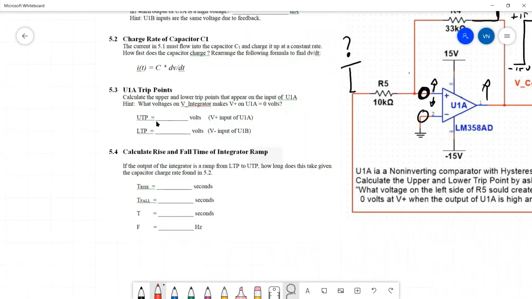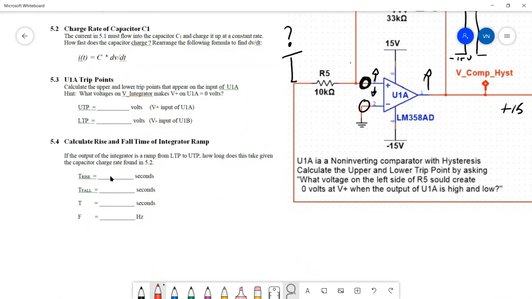So the upper and lower trip points should be 4.5 volts, the rise time should be 0.6 milliseconds and the fall time 0.6 milliseconds. That gives you a 1.2 millisecond total period and about 833 hertz frequency.